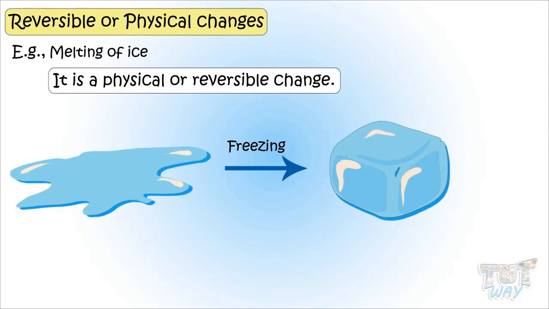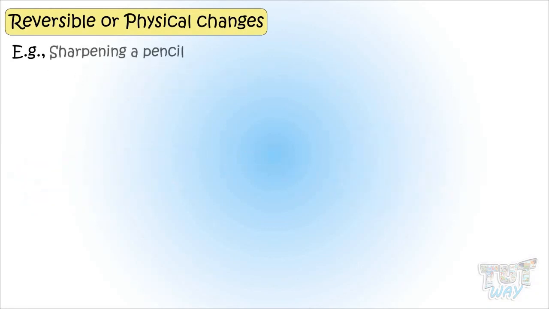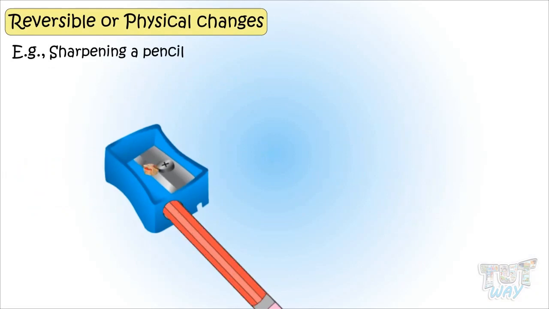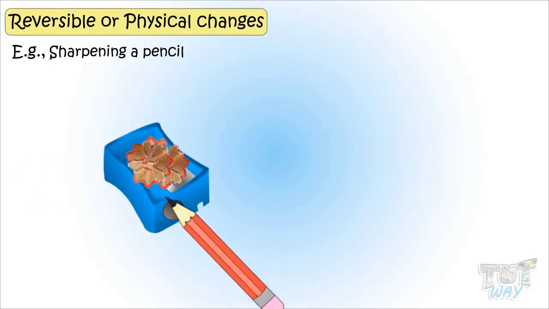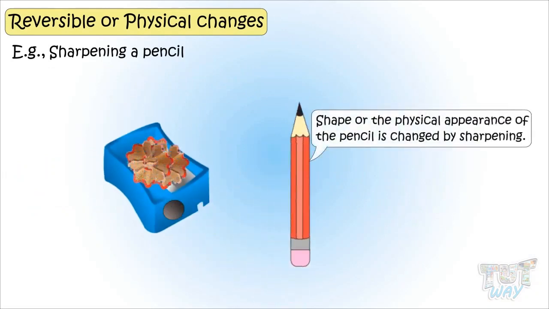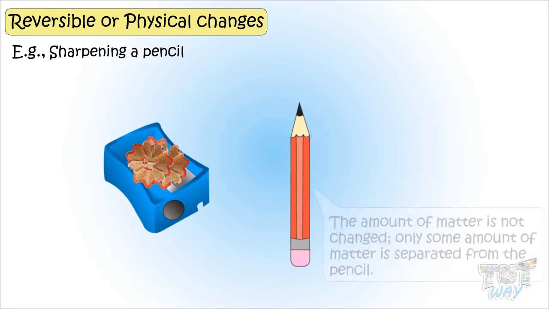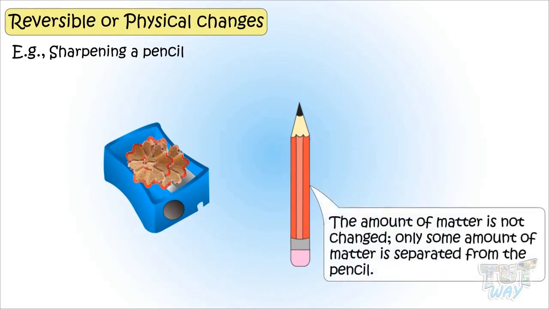Now, let's have another example. Sharpening a pencil. If a pencil is sharpened, only its shape is changed, or physical appearance of the object is changed. Also, the amount of matter is not changed.